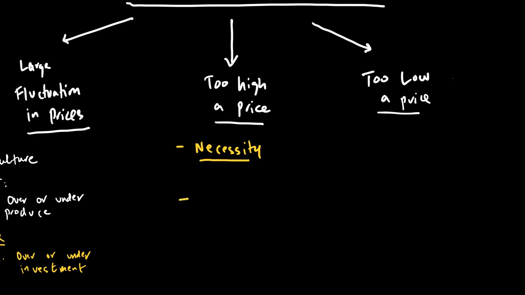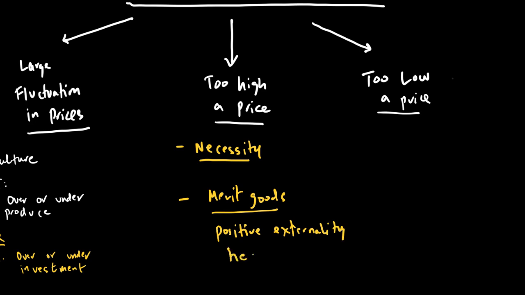The second important point is that if the price of the good is too high, for example, in the case of merit goods. Merit goods are those private goods which are important for people because they are generating what we sometimes call positive externalities. A good example of this could be healthcare. You may see government intervene.